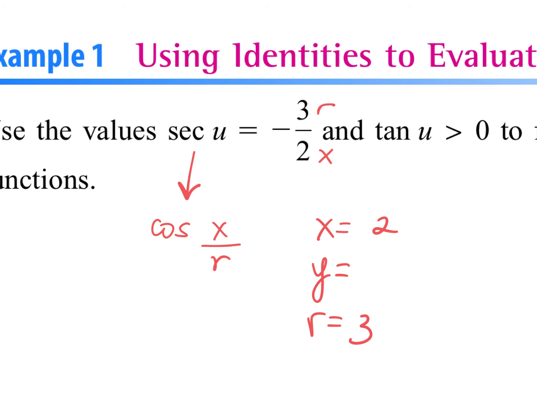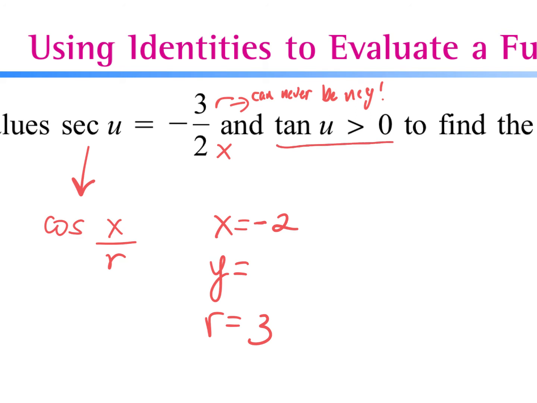How do I know where that negative sign goes? Okay, let's remember this. R can never be what? Can never be negative. If R can never be negative, then where does the negative sign have to go? With the x, okay? So I have to find my y value, but they told me another piece of information right here that is super duper important. Okay, remember all students take calculus.